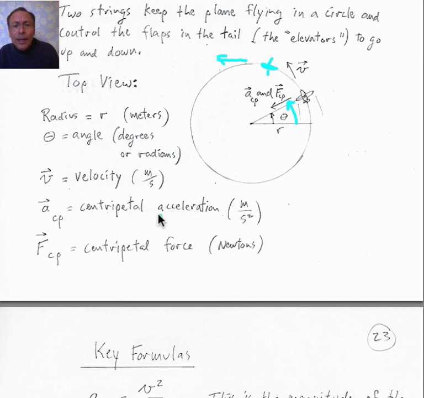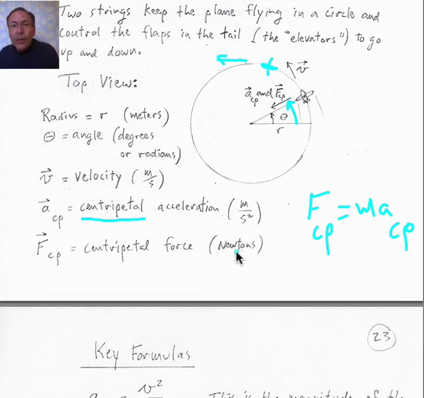But anyhow, it's a change in velocity, and so it's an acceleration. And this type of acceleration is called centripetal. It's a centripetal acceleration. In order to make an object accelerate, you have to supply a force, right? After all, Newton's second law is F equals ma, right? So in order to get a centripetal acceleration, we need a centripetal force. And so that's what's called the centripetal force. It is in newtons.